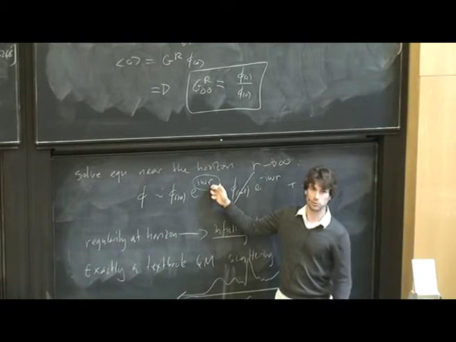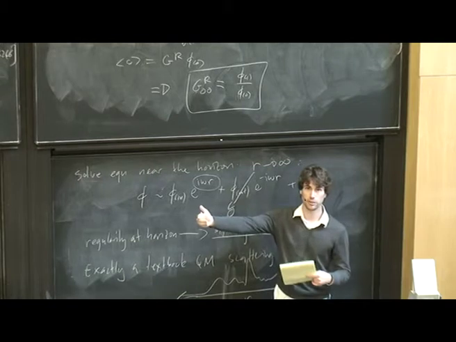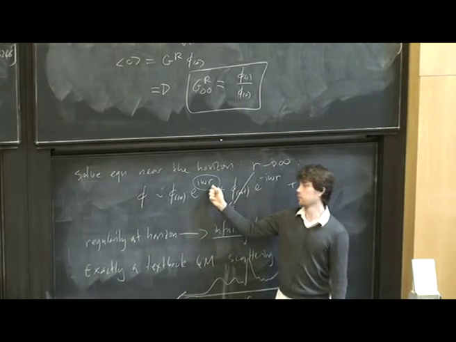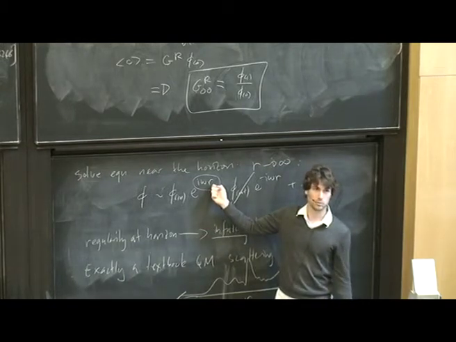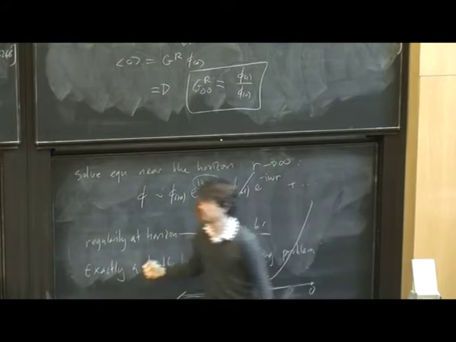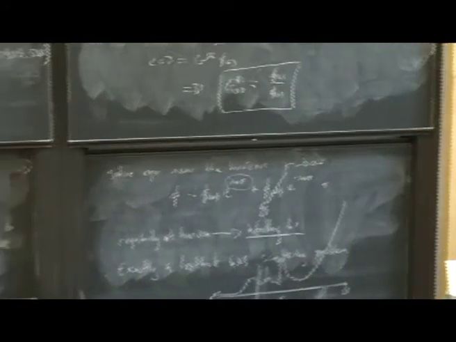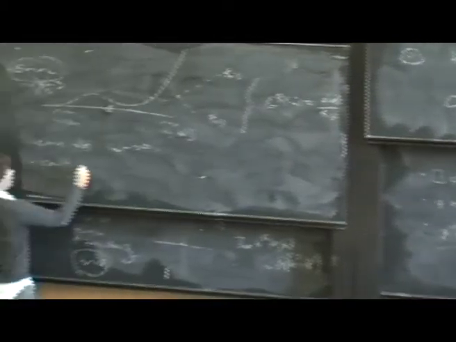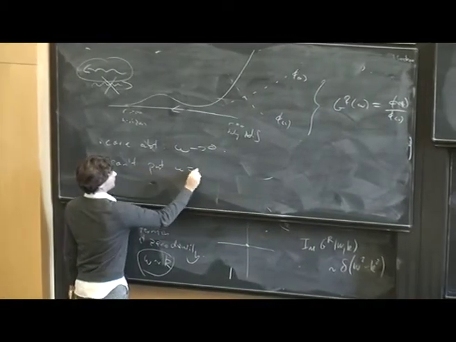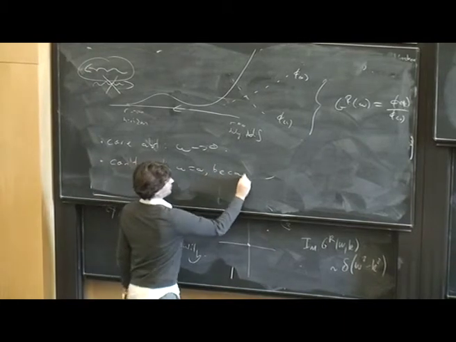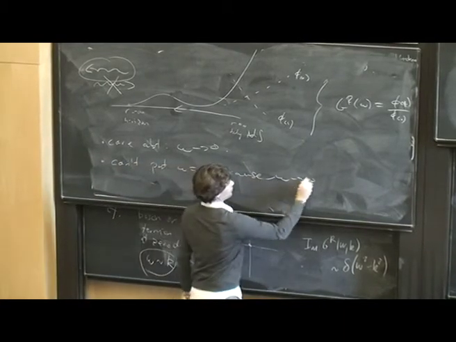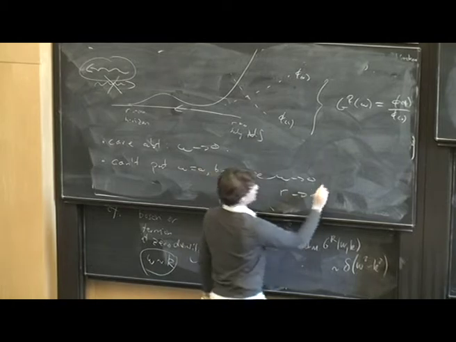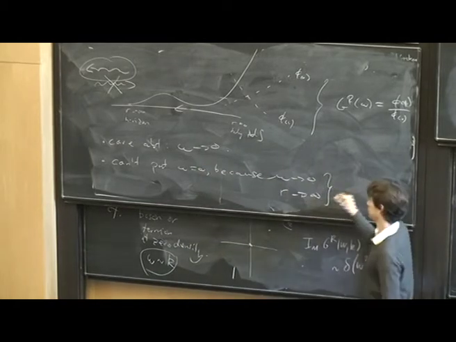So if I set omega equals 0 and then solve the equation at large R, I clearly won't get that because there's no omega anymore. So it turns out that you can't just put omega equals 0, because omega goes to 0 and R goes to infinity, that's the near horizon limit, don't commute.